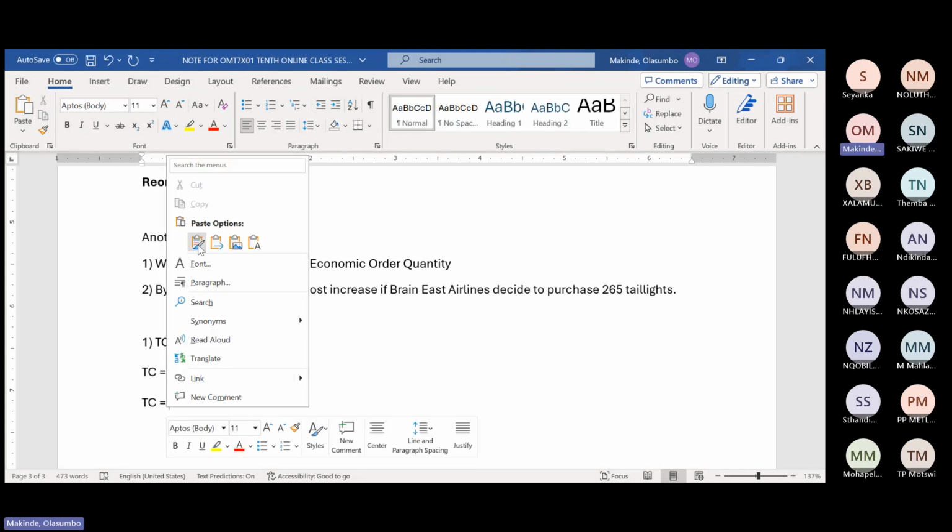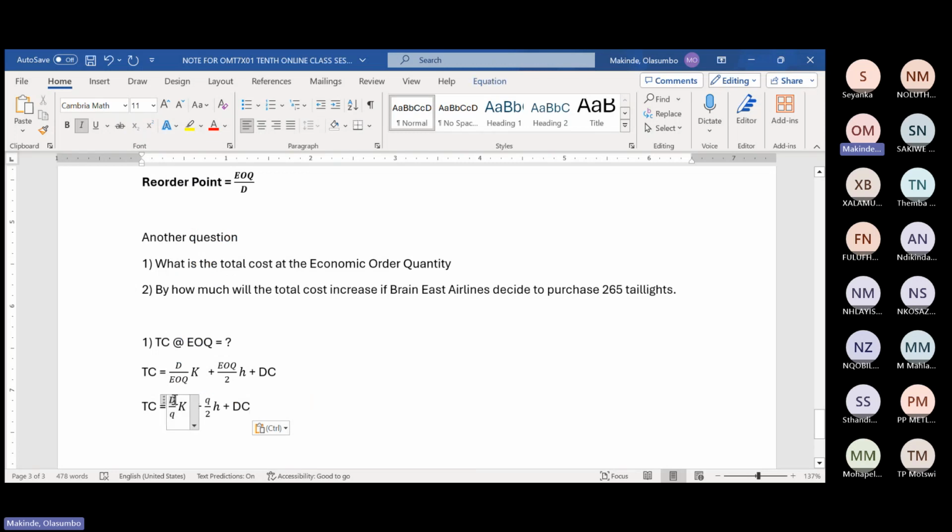Then you can plug in. You remember your annual demand is 500, then your EOQ was 250, then the ordering cost for the problem, which is K, was 5. Then the EOQ was 250 that we have calculated, divided by 2, then H was 0.08, according to the parameter identified in the question.